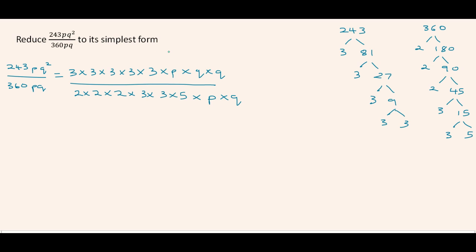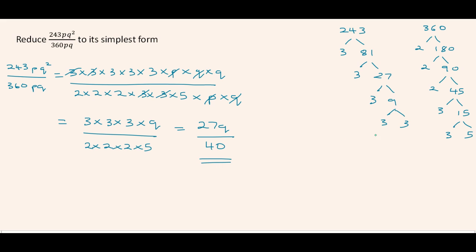So now let's go ahead and cancel common terms. So 3 crosses out 3, 3 crosses out 3, p crosses out p over here, q crosses out q over here. So now we're left with 3 times 3 times 3 times q over 2 times 2 times 2 times 5, which is going to give us 3 times 3 times 3 is 27q divided by 2 times 2 times 2, that's 8, times 5, 40. That's our final answer.